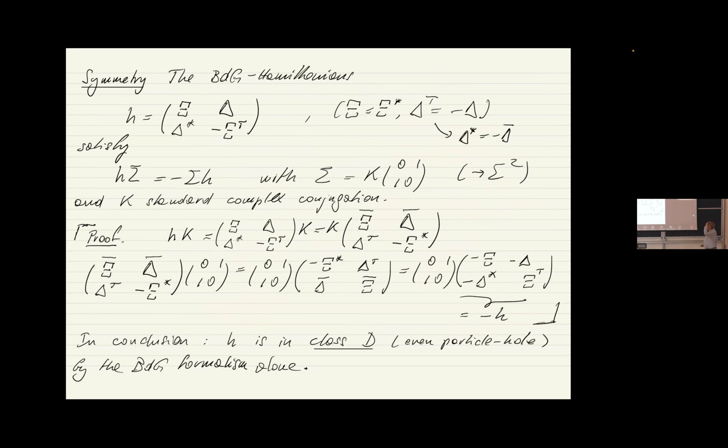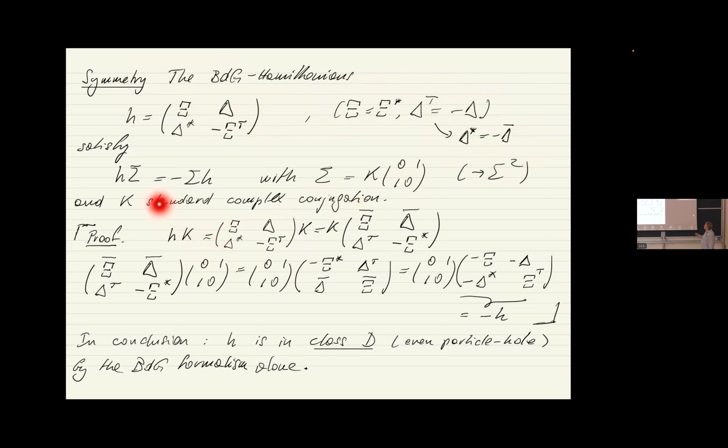Okay, now this Bogoliubov-de Gennes Hamiltonian has a symmetry. So here is the Hamiltonian. These are the properties that you have there, and the consequence of the latter one, which you complex conjugate, is that you also have delta complex conjugate is one. So delta adjoint is minus delta complex.